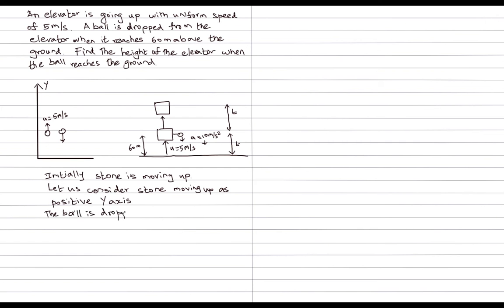The ball is changing its direction when it is dropped. That means the ball is traveling in the opposite direction. For a distance of 60 meters, the ball is traveling in the opposite direction.